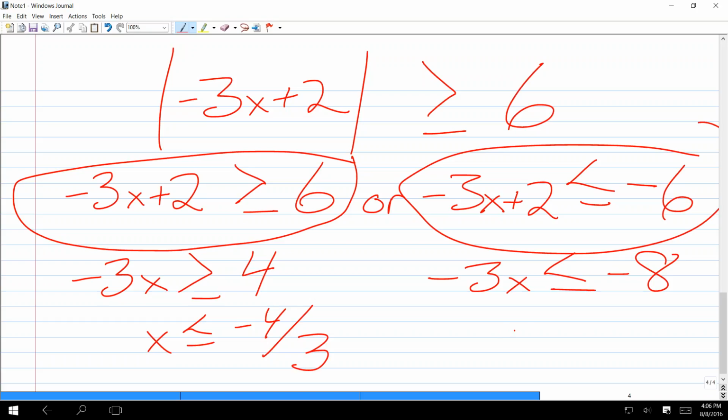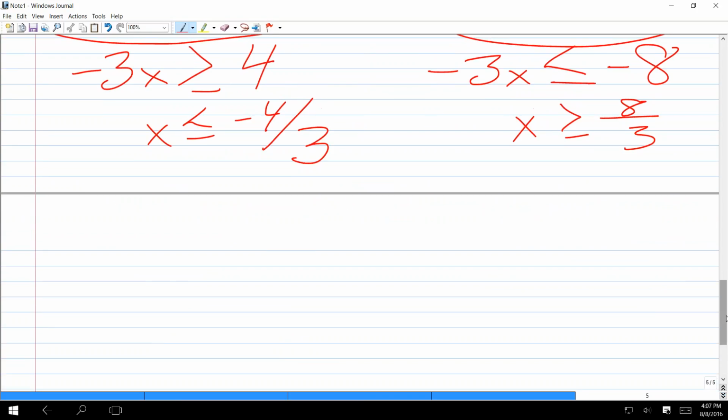Then divide by negative 3, and you'd get x is greater than or equal to negative 8 over negative 3, which is the same as 8 over 3.